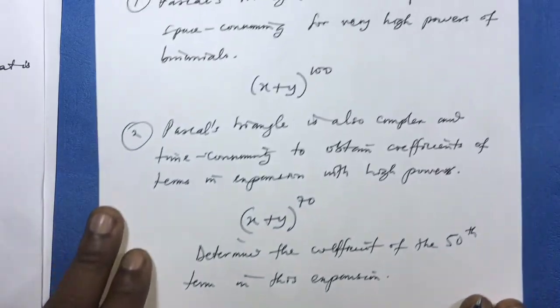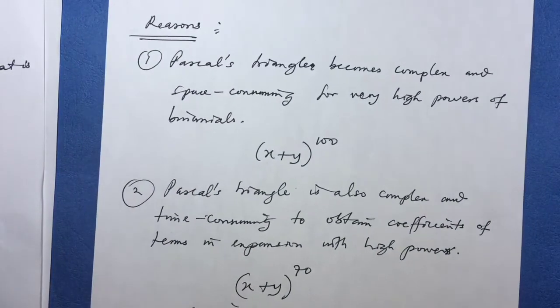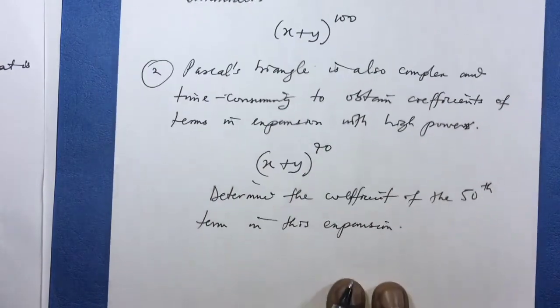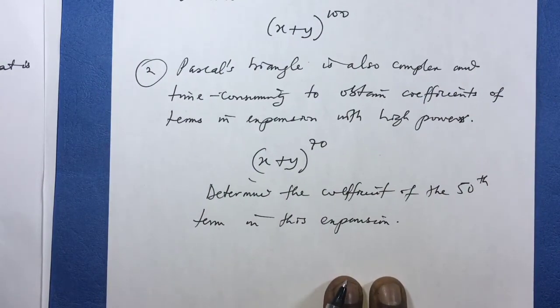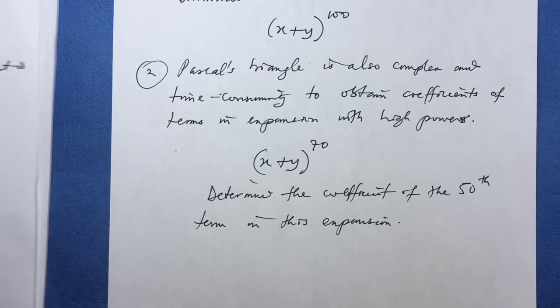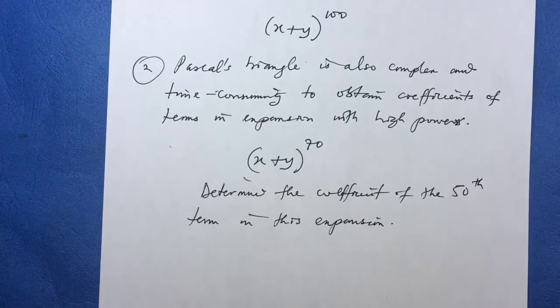So two main reasons why Pascal's triangle is not efficient. Number one, Pascal's triangle becomes very complex if the expansion of the binomial has a power that is very high. Number two, Pascal's triangle becomes inefficient if you seek to determine the coefficient of a binomial expansion having a power that is very high.